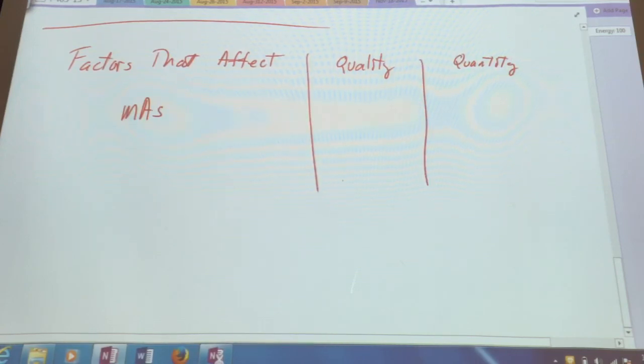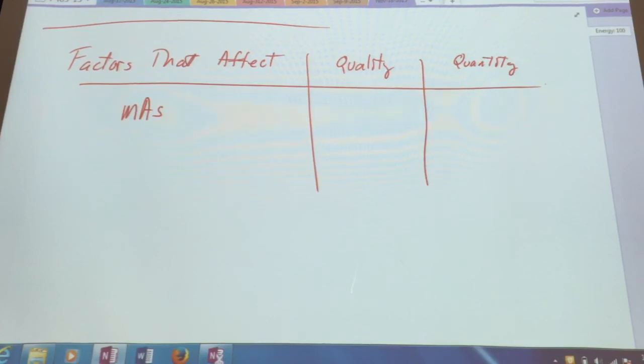Quality and quantity. What does changing the MAS do? The contrast increases. So you're thinking of a graph. It affects the number of photons.